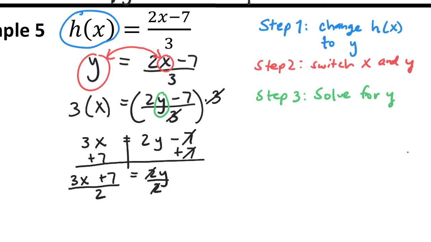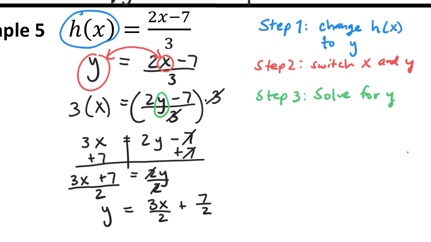These will cancel. And so I'm going to get y equals 3x over 2 plus 7 over 2. And so I solved for y.